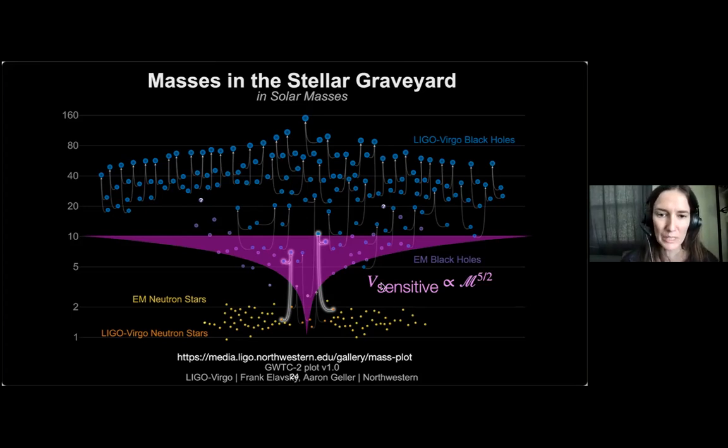As we increase the mass of the objects producing gravitational waves, the signal gets louder, and we are sensitive to a larger volume of space. So if rates were constant, we expect to see this kind of proportionality with increasing mass, at least for lower masses. Things get a little more complicated in the higher mass region.